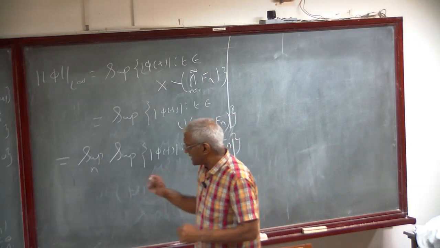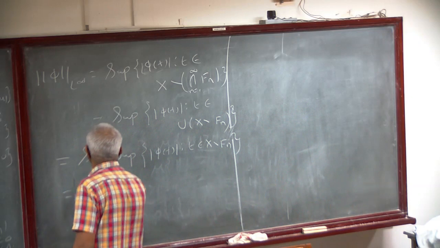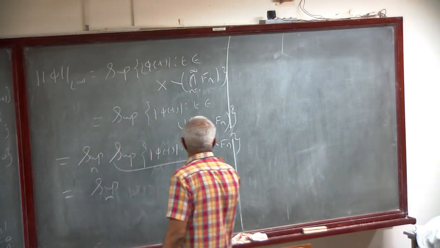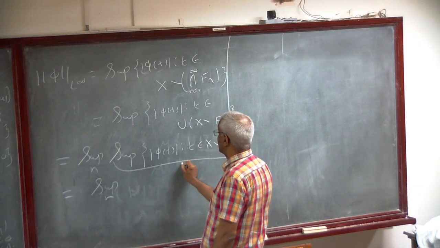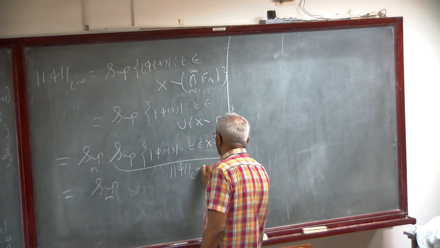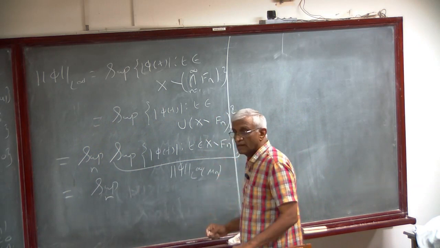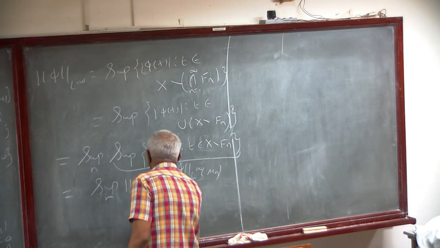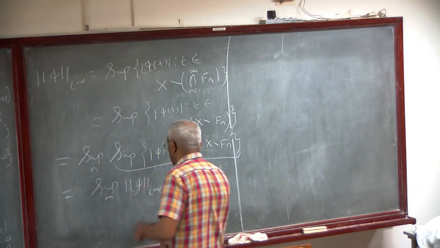I thought it was okay earlier, but I think this is not clear. I don't see any reason that this is equal to the norm of mu n. The book says that this is equal to the supremum of the L infinity norms of mu n. I don't see that.